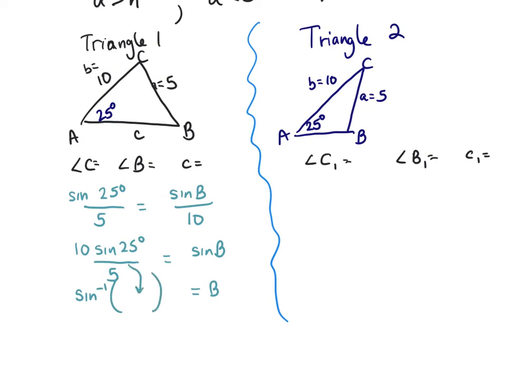You can find the decimal of that. That's fine. So I'm going to get B to be 57.7 degrees. So up here I'll put 57.7 degrees.